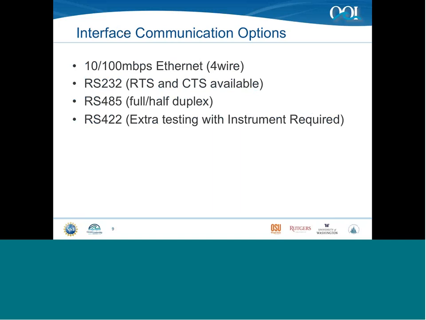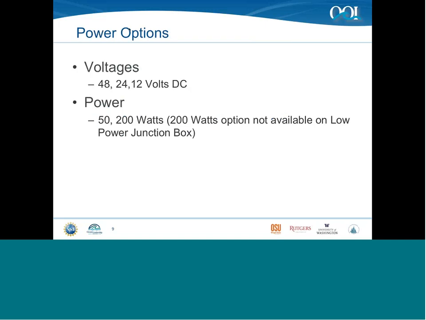So for long runs of cable, we recommend using a differential signal like 485 or 422, either in full or half duplex. We've had some success. So the 422, we would want to do some extra testing to make sure we have all the terminations correct on those communications.